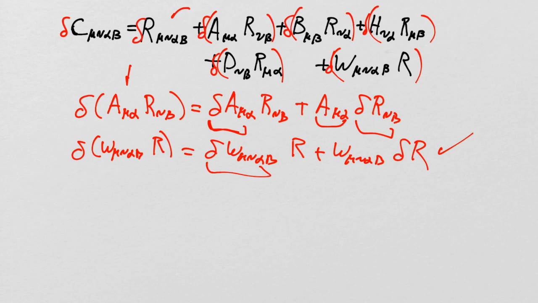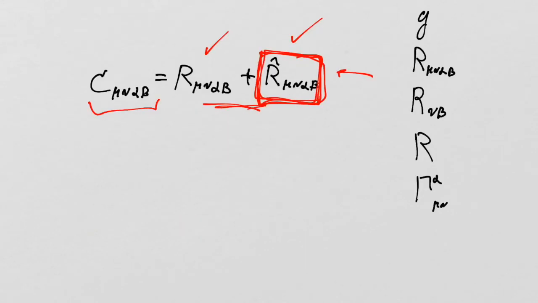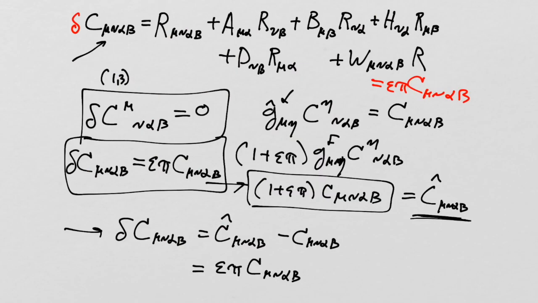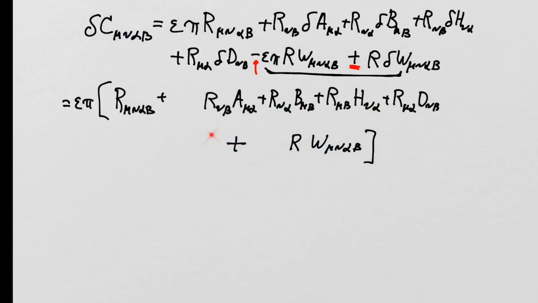But remember, that was our assumed form, right? That was our assumed form for the Riemann tensor in the first place. That by definition was our Riemann tensor's assumed form. So the assumed form actually shows up again down here.